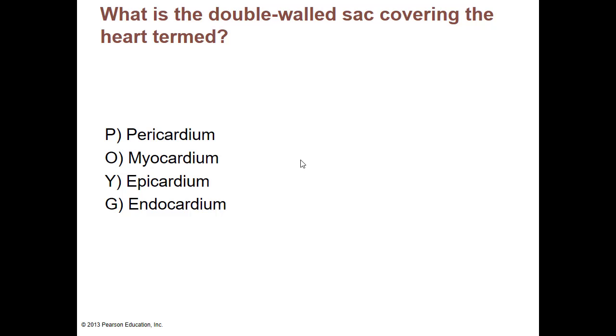What is the name of the double-walled sac that covers the heart? And yes, they all have cardium in there. You've got to look at the prefix, and covering is a clue.